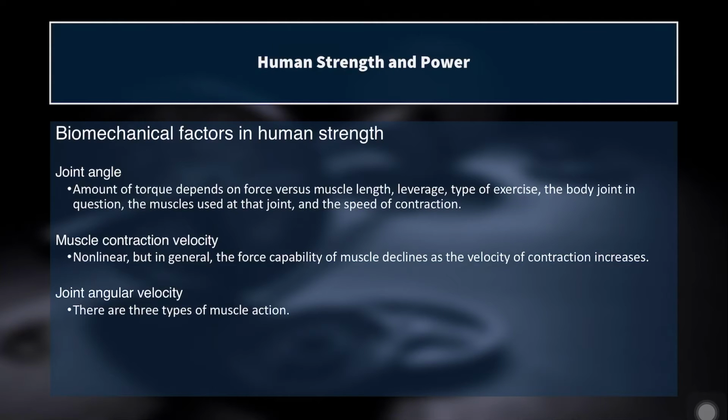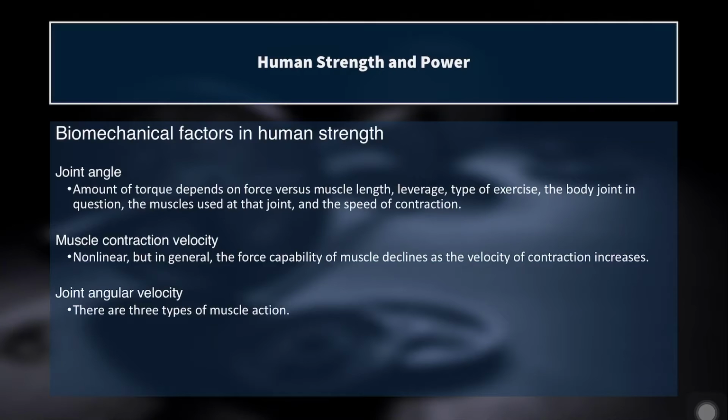Joint angle can also change the amount of strength and power that a muscle or group of muscles can exert. So the amount of torque depends on force versus muscle length, leverage, type of exercise, the body joint in question, the muscles used at the joint, and the speed of contraction. All of these things are different from joint to joint, and different joints are stronger or weaker at different ranges of motion.